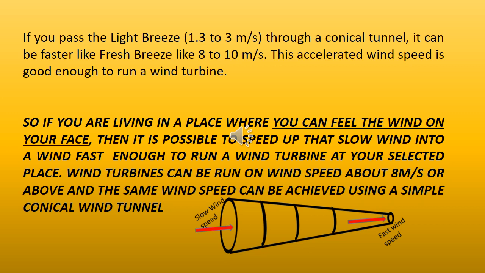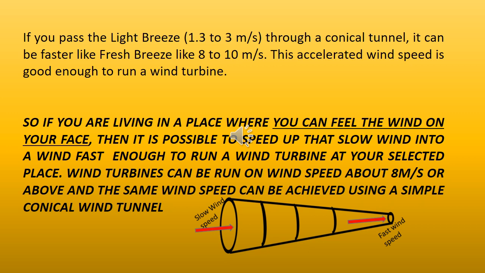So, if you pass the light breeze, which is 1.3 to 3 meter per second, through a conical tunnel, it can become faster like a fresh breeze, like 8 to 10 meter per second, and this accelerated wind speed is good enough to run a wind turbine at your home, rooftop, nearby field, or in agricultural fields.